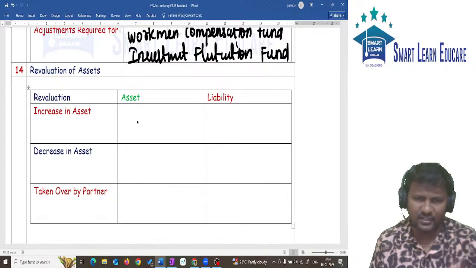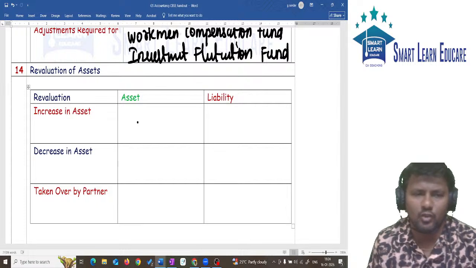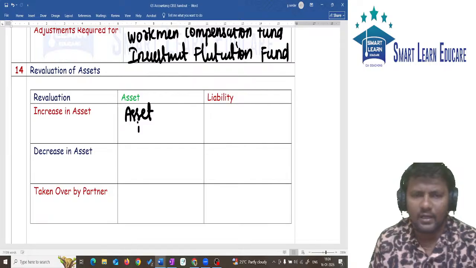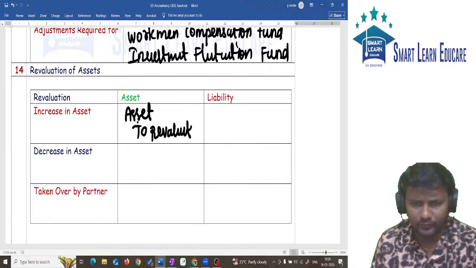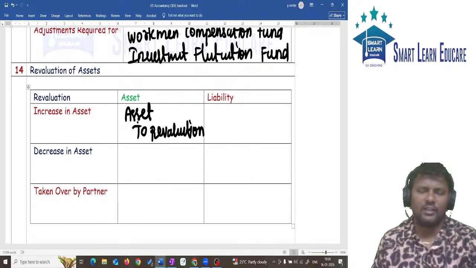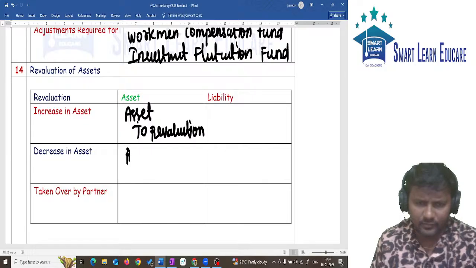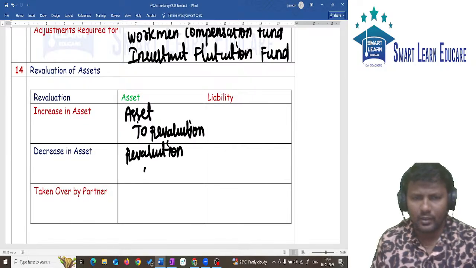We have used these entries while solving sums. Increase in asset: the entry is asset account debit to revaluation. Decrease in asset: revaluation account debit to asset.